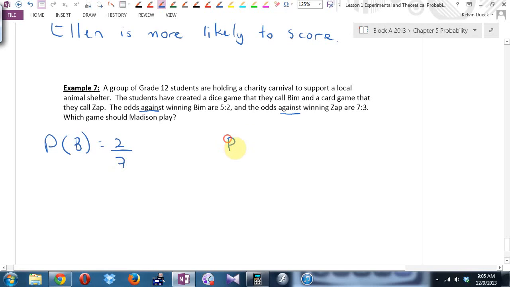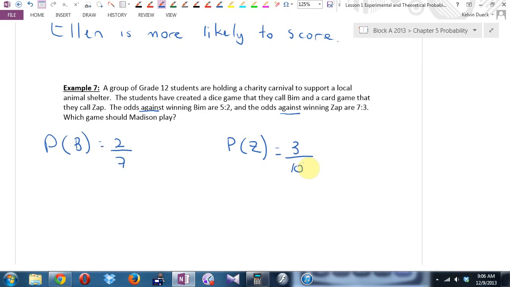What's the probability of winning Zap? 3 out of 10, yes? Okay. Both of those, I can tell just by looking at them, are less than 50-50. The odds are not in my favor, so in real life, I'd be expecting to lose.